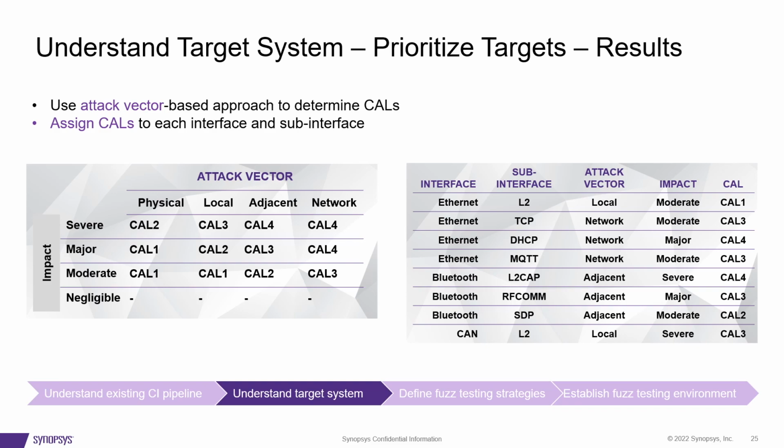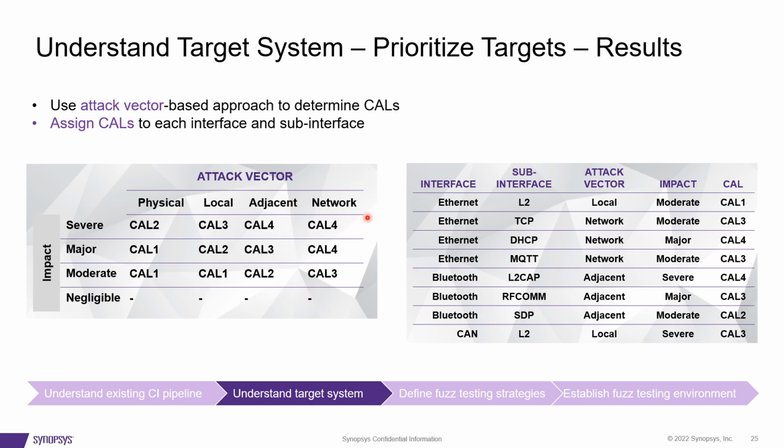So let's just revisit this result here, where we did the analysis of the target system to help us prioritize the targets. Again, on the left-hand side, we have the impact and the attack vector. So following an attack vector-based approach, we can determine the different CALs.